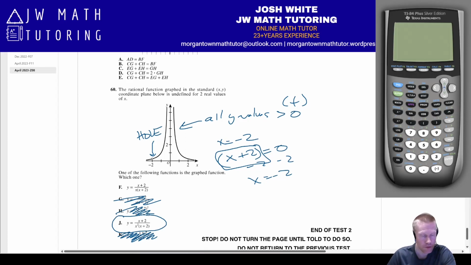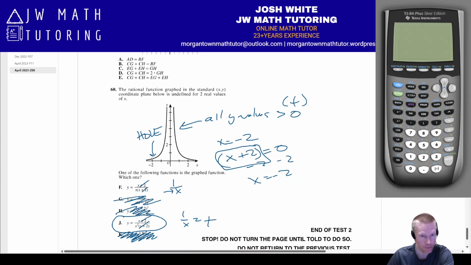Because, first of all, these cancel out, right? So really you're looking at a 1 over x versus a 1 over x squared. Well, in the top one, when x is negative, you would expect to get negative values, because if you plug in a negative value here, it's going to be 1 divided by a negative value. However, in J, plug in a negative value, it gets squared and becomes positive.